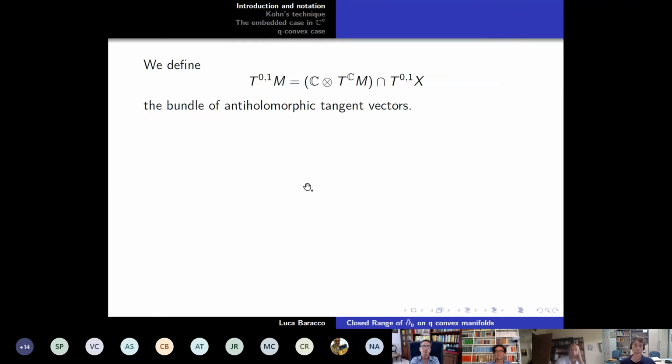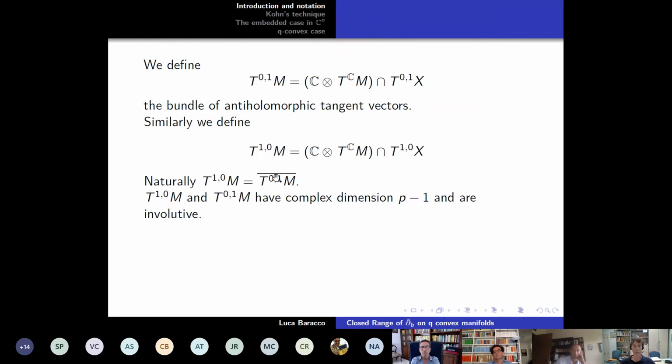We define the anti-holomorphic tangent bundle to M as the set of anti-holomorphic vectors which are tangent to M, and similarly we define the holomorphic tangent bundle to M, and naturally these two spaces are related by conjugation. Both T^{1,0} and T^{0,1} have complex dimension p-1, and they are involutive.